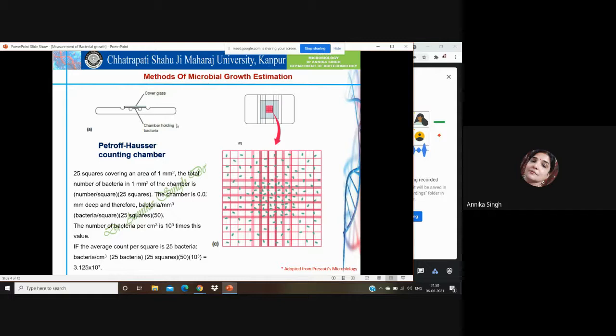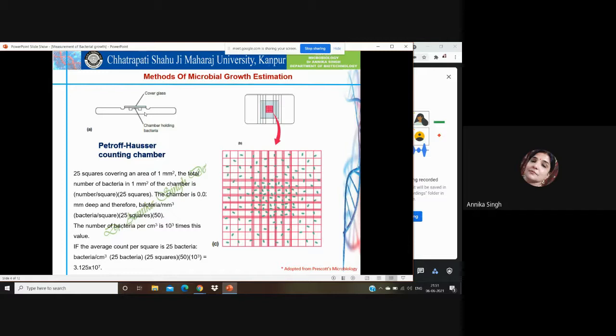It is very popular for estimating the total leukocyte count and differential leukocyte count. The Petroff counter is a specialized type of slide.